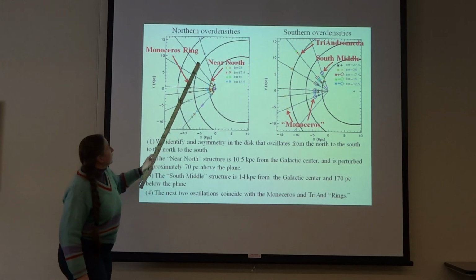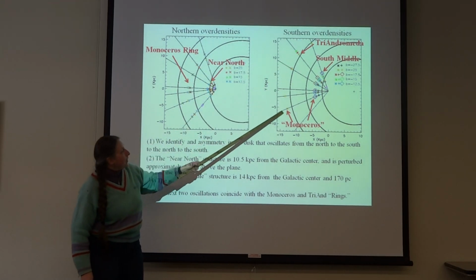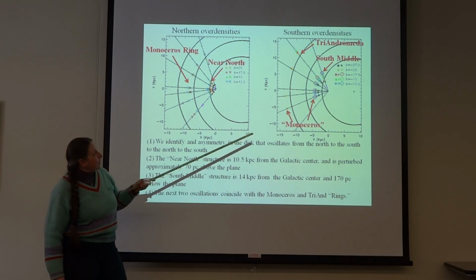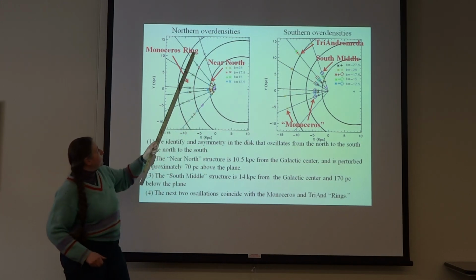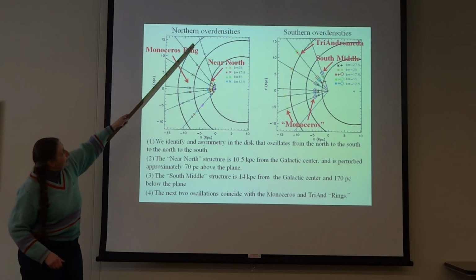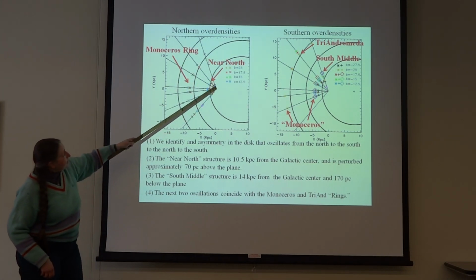And then you see the one in the north over here, and the one in the south over here. One thing that I want you to notice in this plot, we've picked points that are on the ring. Let's just look at this one here, the Monoceros Ring. We have the center of the galaxy here, and the sun is here.